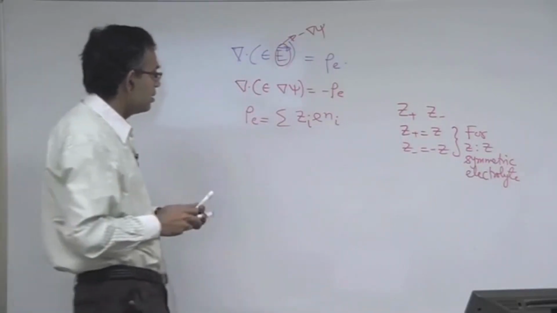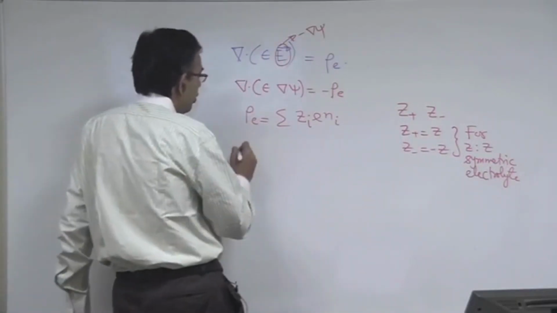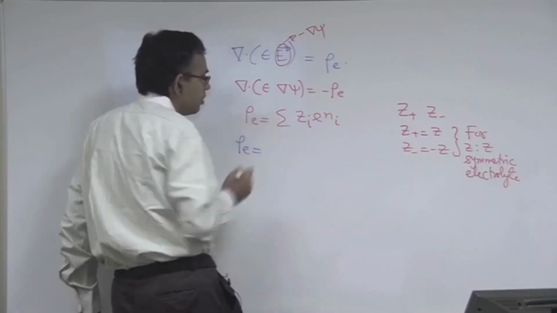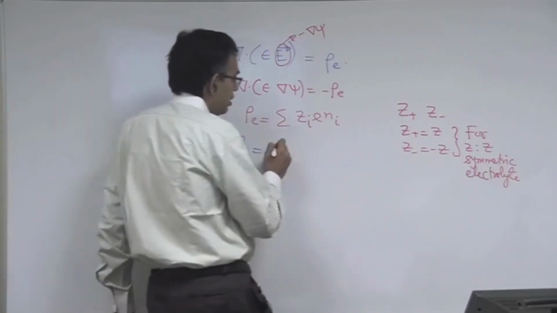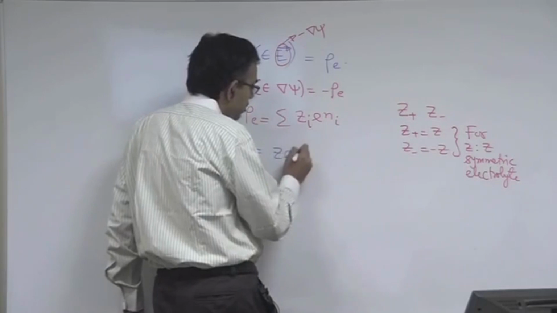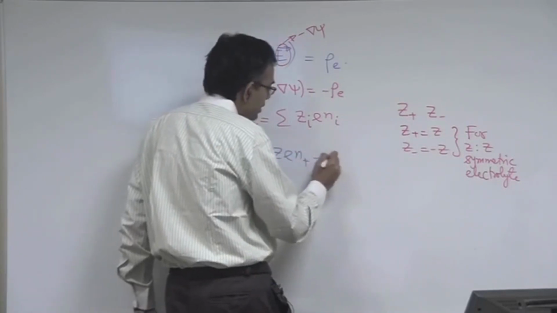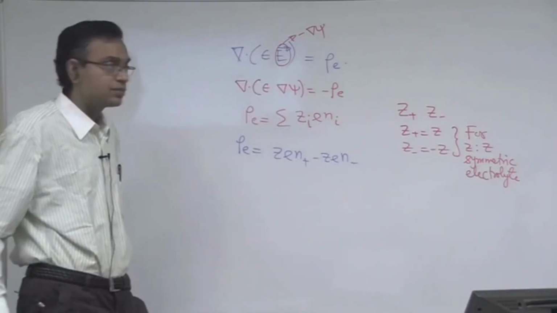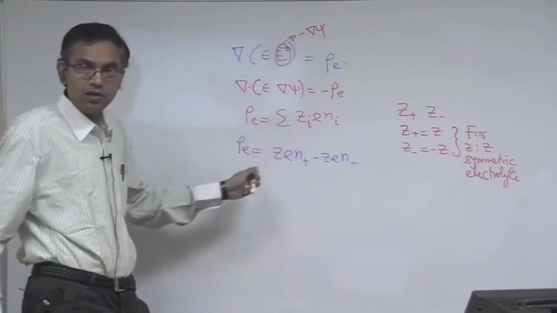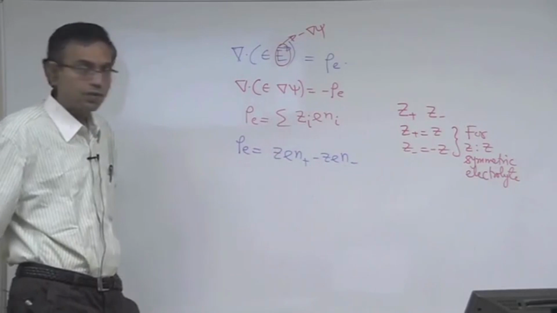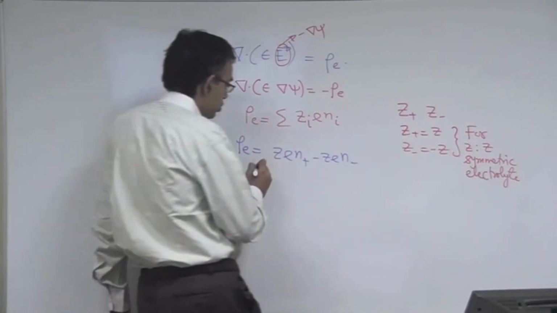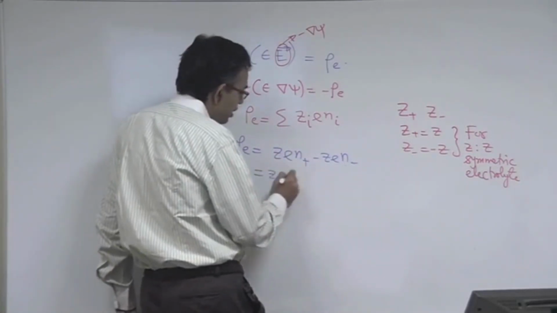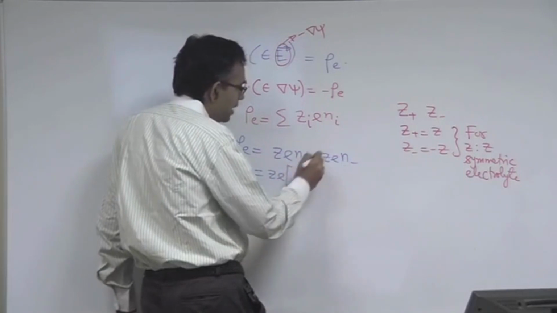So then rho E becomes what? Z E n plus minus Z E n minus, right, this summation there will be two terms. So Z E times n plus minus n minus.